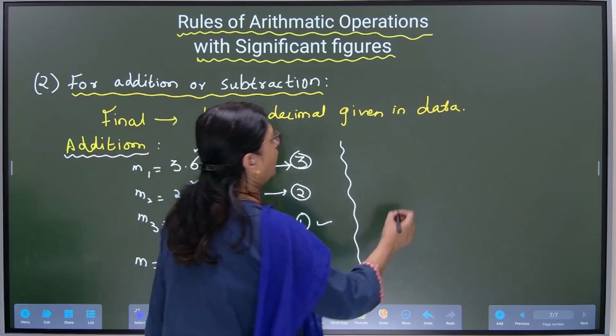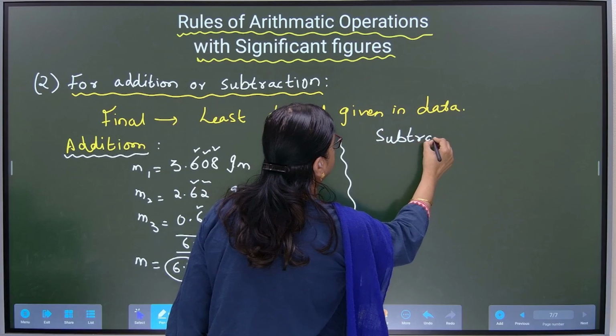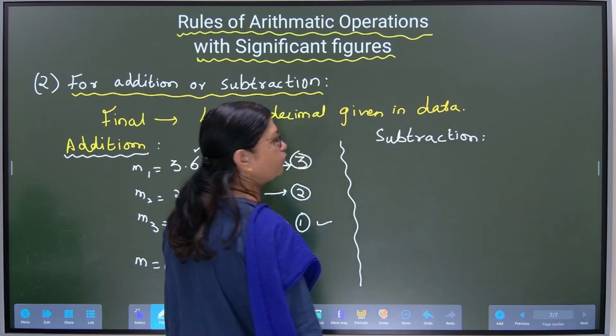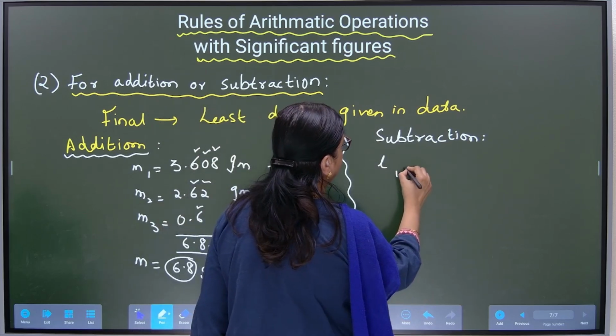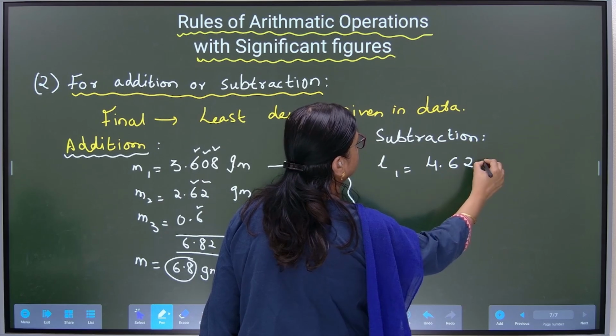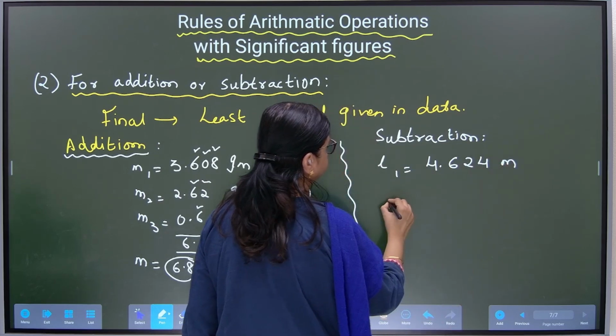Right? Now let us understand the subtraction of two physical quantities. Suppose I have L1 is equal to 4.624 meters.